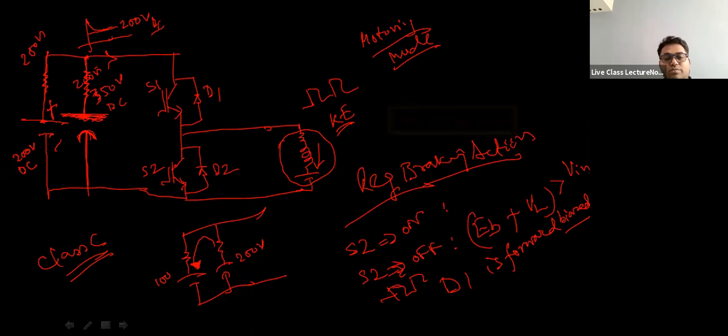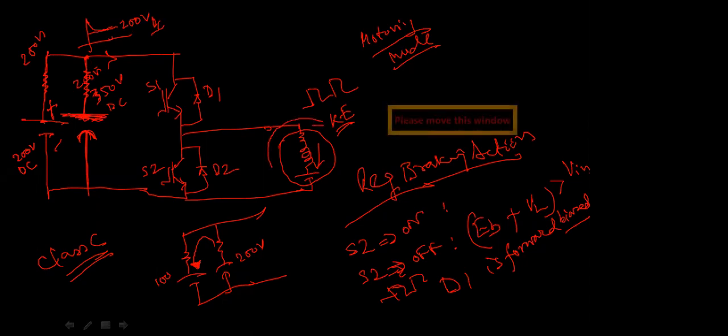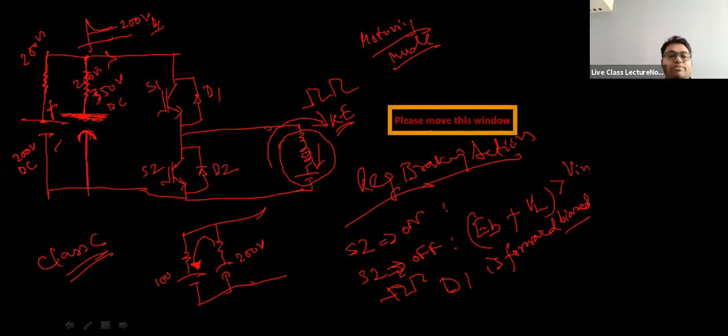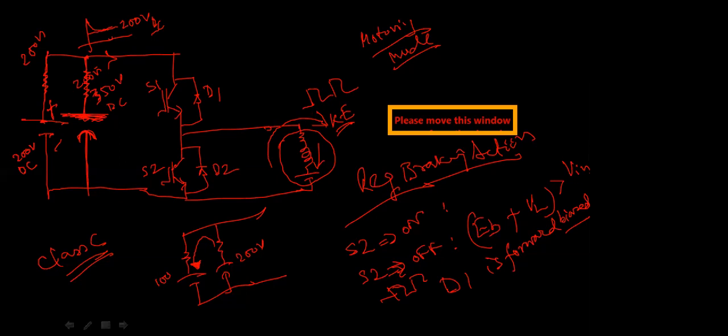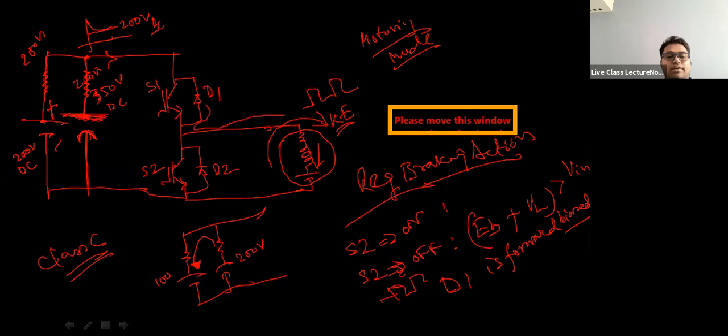So this was the operation of class C chopper. Now, can you show me the direction of current flow during regenerative braking? Regenerative braking: it will start here, move through D1, then charge the capacitor and move back.